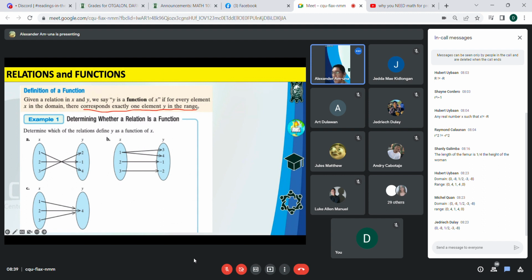Okay, so looking at this example, which of the relations define y as a function of x? So you have x and y, 1 is to 4, 2 is to -1, 3 is to 2. In letter A, can you type your answer? Is it a function or not? Just type function if it is a function and not a function if it's not.